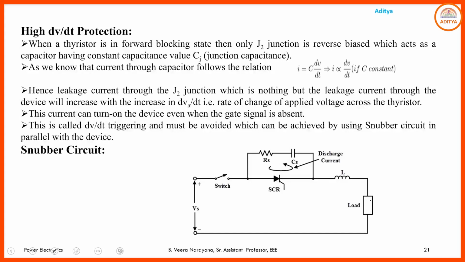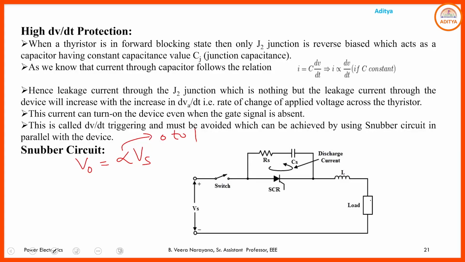For a simple example, consider choppers, like the step down chopper. The output voltage formula for the step down chopper is V0 equals alpha times Vs. Here alpha is the duty cycle ratio, which varies from 0 to 1. V0 is the output voltage and Vs is the source voltage.